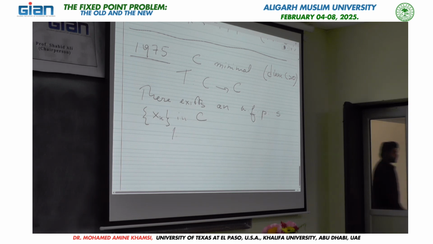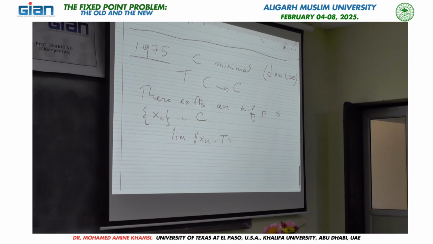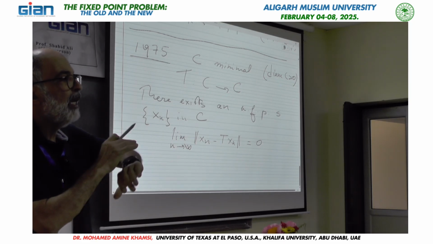Good job. The limit of the norm of x_n minus T of x_n equals 0. Now, let me come up with a new function. Remember the function I used was r. Now I want to come up with a new function.